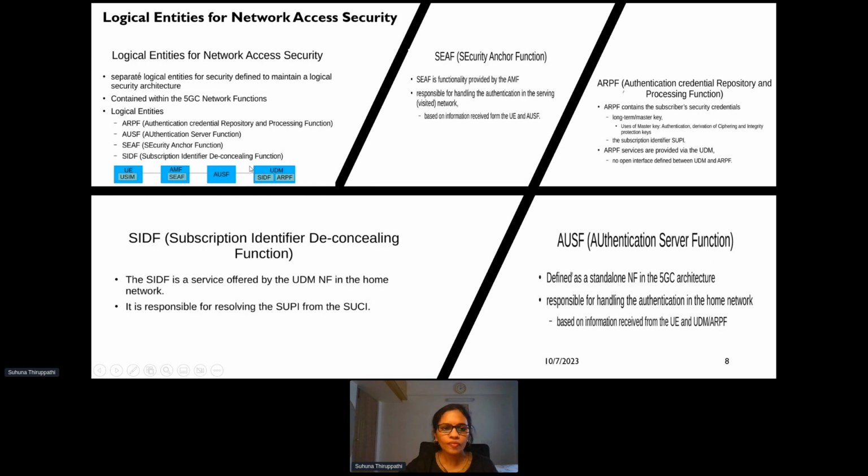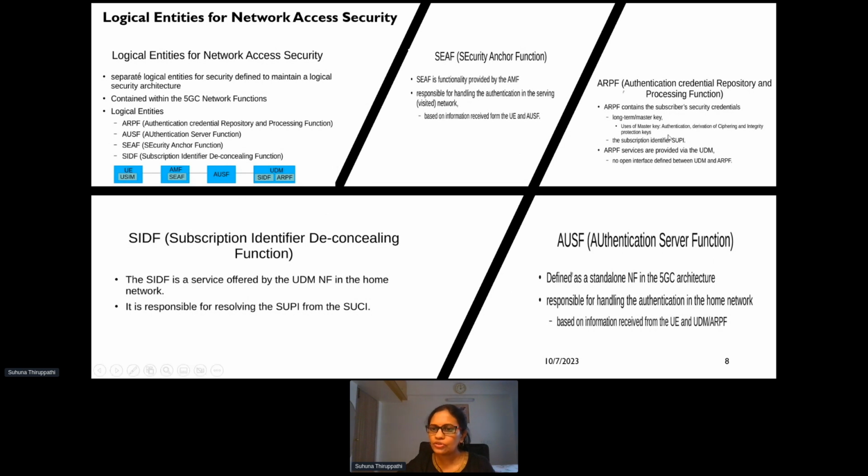So, yeah. What is ARPF? This is the Authentication Credential Repository and Processing Function, which consists of subscribers' security credentials. Basically, as we have seen in the previous slide, it consists of all the keys that are being generated as part of the security key procedure, which has all the keys like ciphering key, integrity keys, master key, and there are a couple of keys that are involved for the encryption, authentication, confidentiality.